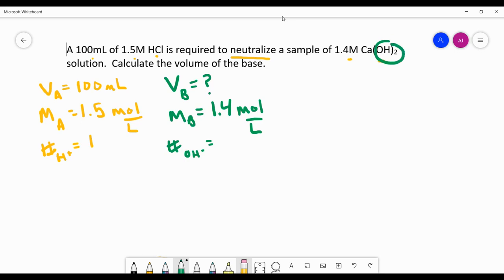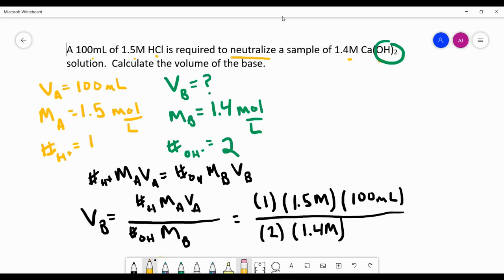So for every 1 mole of calcium hydroxide which dissolves, it's going to release 2 hydroxide ions. Now let's substitute these into the equation. I've taken my neutralization equation, rearranged it to solve for my unknown, and substituted in my values with units. Just like with the dilution equation, the specific units do not matter as long as the units match for the acid and the base.